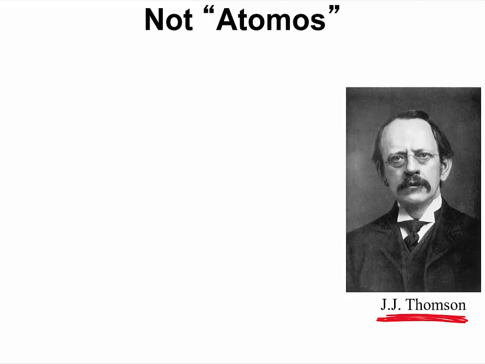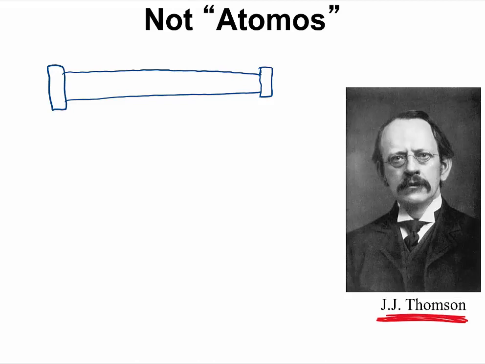If you imagine you have a long tube, and the long tube is plugged on both ends by metallic conductors, and the inside of the tube is completely evacuated. So the inside is a vacuum, nothing is there.